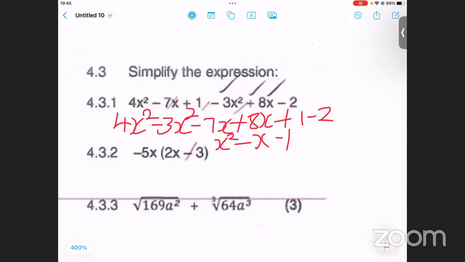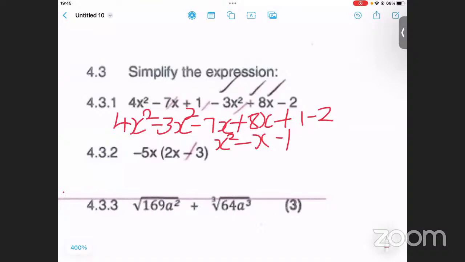That's amazing. Should we move to 4.3.2? Zira, should we move to 4.3.2? Yes, ma'am.